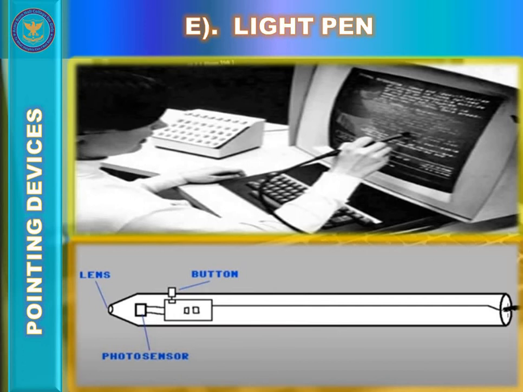Here you can see that if you are using a light pen on the CRT monitor screen, and a screen is basically made up of pixels, the light pen detects the change in brightness of these pixels, which indicates that the CRT's electron beam is scanning in that area.